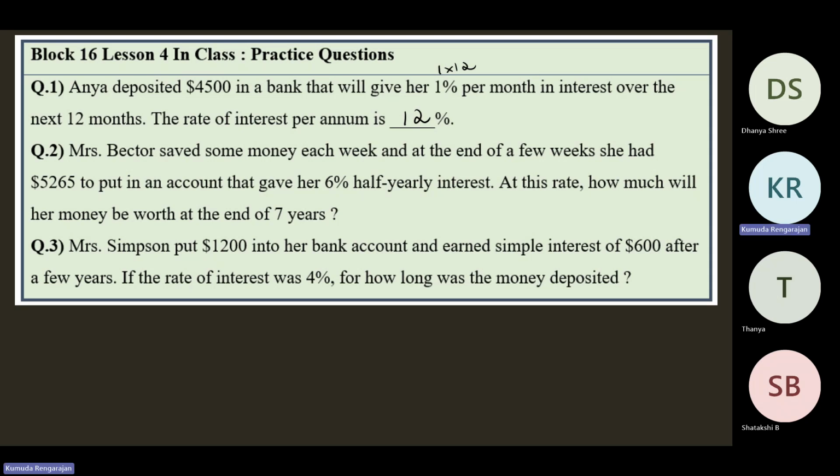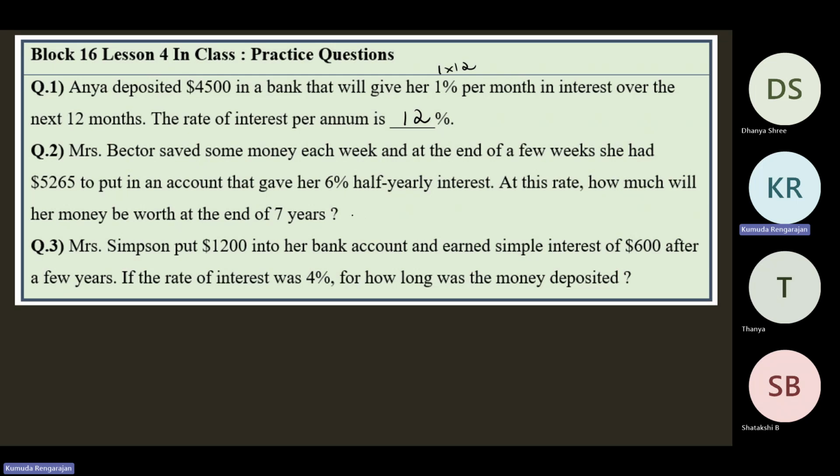At this rate, how much will her money be worth at the end of 7 years? Listen carefully. She saves money for some period of time. How long she was saving, that is not our concern, no? How much money is she going to put in the bank? That is what we want.